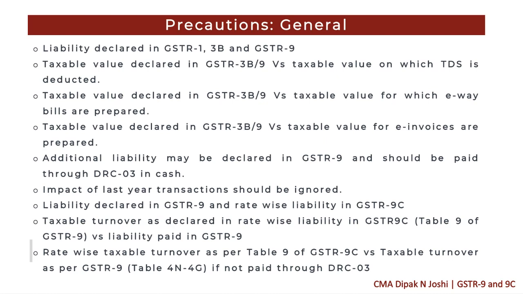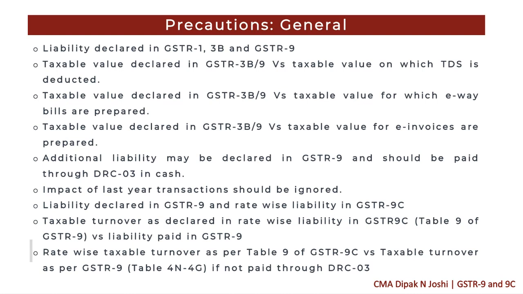So the first precaution is liability declared in GSTR 1, GSTR 3B and GSTR 9. Initially also I have discussed that the liability which is declared in GSTR 1, 3B and GSTR 9 should be the same. Otherwise, in the scrutiny of return, the department will issue ASMT 10, okay, and the department will ask why there is a difference in GSTR 1, GSTR 3B and GSTR 9.